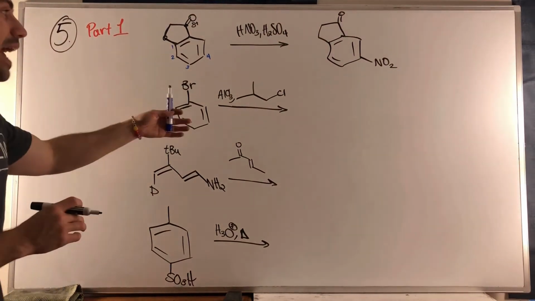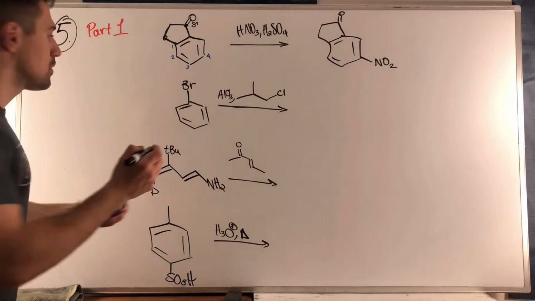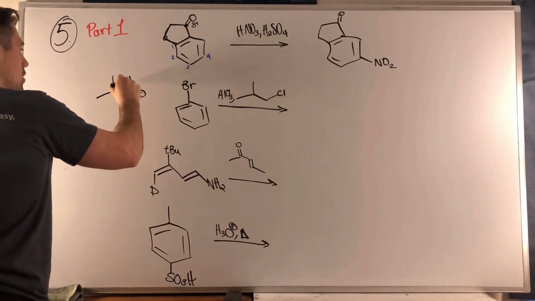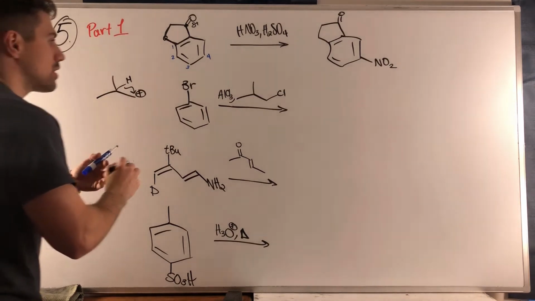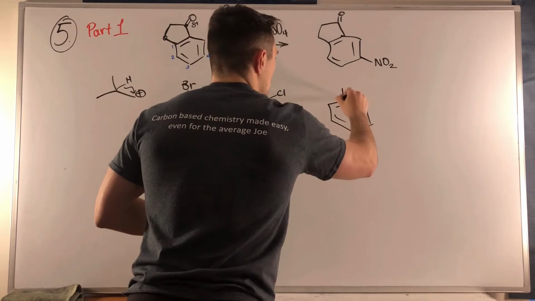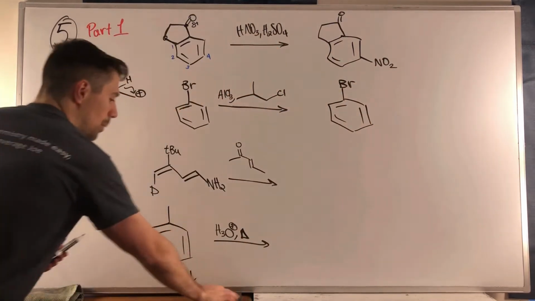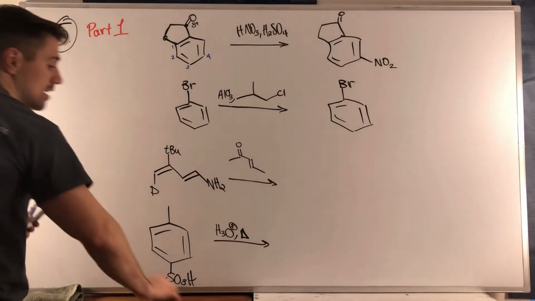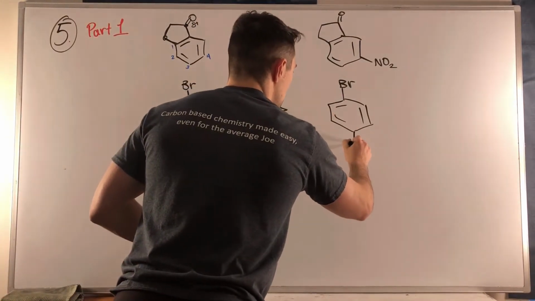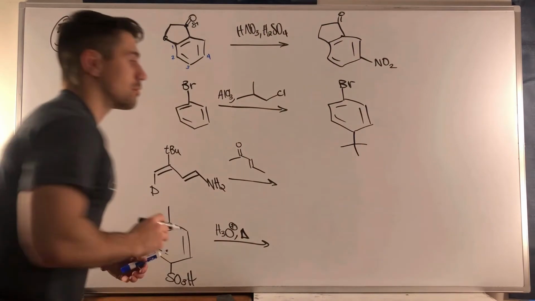So we can see that classic isobutyl chloride. We're going to make this carbocation at first, and then we'll rearrange. So really, we stick on a t-butyl group. And remember, bromine is an ortho-para director, even though it is slightly deactivating, still an ortho-para director. So we're absolutely going to be putting the t-butyl group on right there.